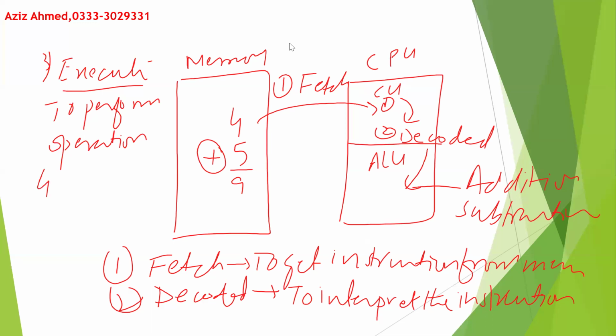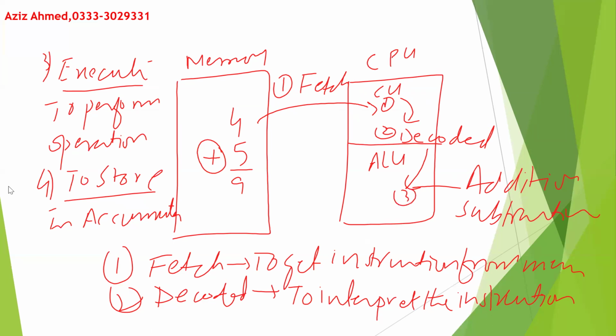The fourth function is to store. Where to store? In the accumulator. The accumulator is one of the registers which I have shown you. The accumulator is a kind of register which always holds the result of the ALU. Output or result is always stored there.